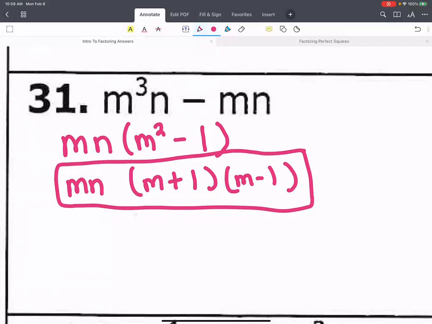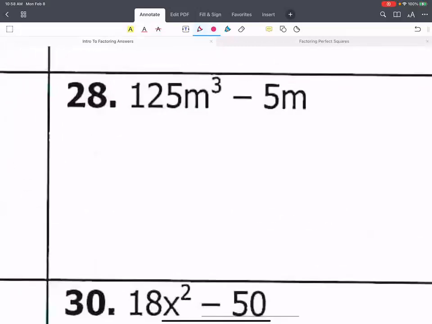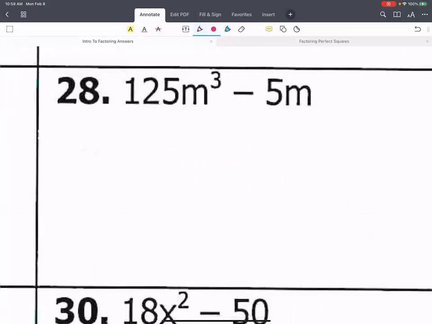Okay, pick another one. 32. Someone who maybe gave me a sideways or a down thumb, pick one. 28, I hear. Okay. All right, what's the greatest common factor here? 5 what? M. They both have 5s. We can pull out, they both have M's.